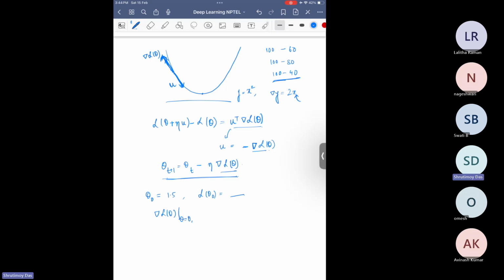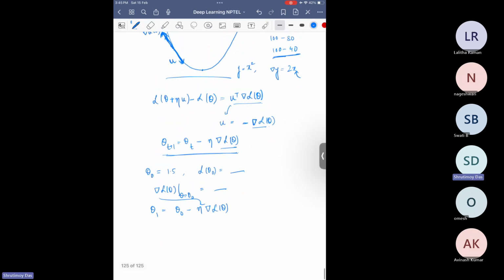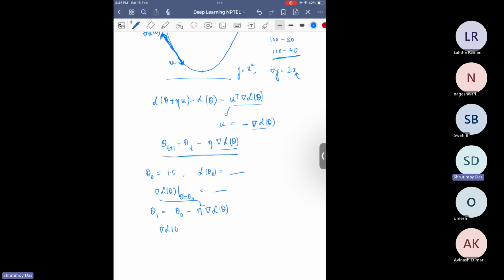And when you're computing theta 1, that is theta naught minus eta times this gradient that you get here. Then for the next iteration, you will have the gradient at theta equal to theta 1, and using that, you calculate theta 2. So that is how you will do that.